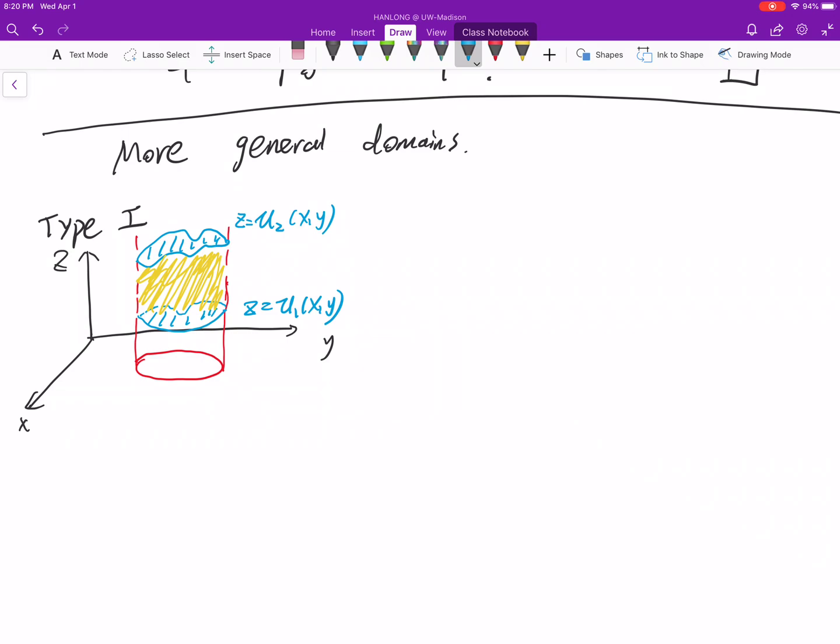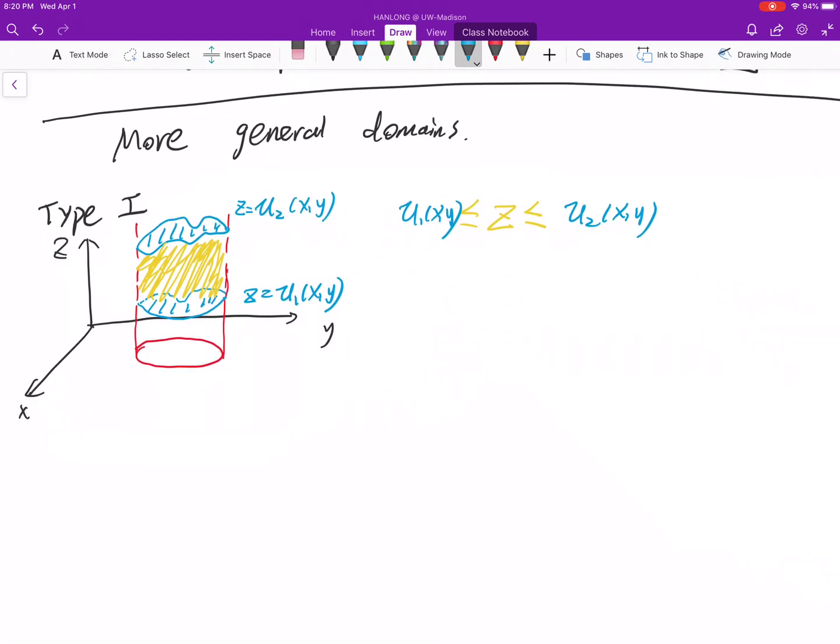Of course, the solid is in between u2 and u1. But here you still need to figure out the position of (x,y), and here let's call this region the projection D. So roughly we will see (x,y) is in D.